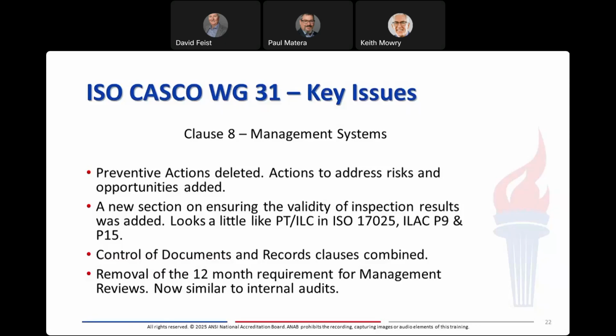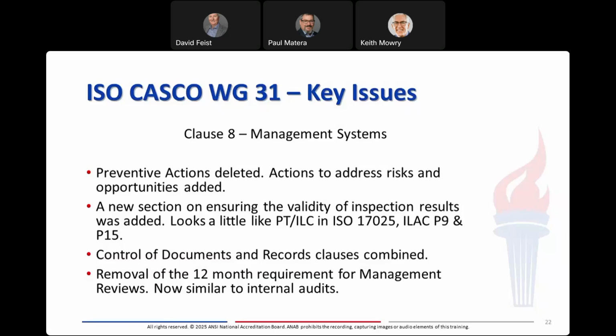We felt that we were really just aligning the standards and not eliminating a major concept. A new section on ensuring the validity of inspection results was added. It looks a lot like the PT and ILC in ISO 17025, ILAC P9, and P15. So that's going to be something that may take a little getting used to.